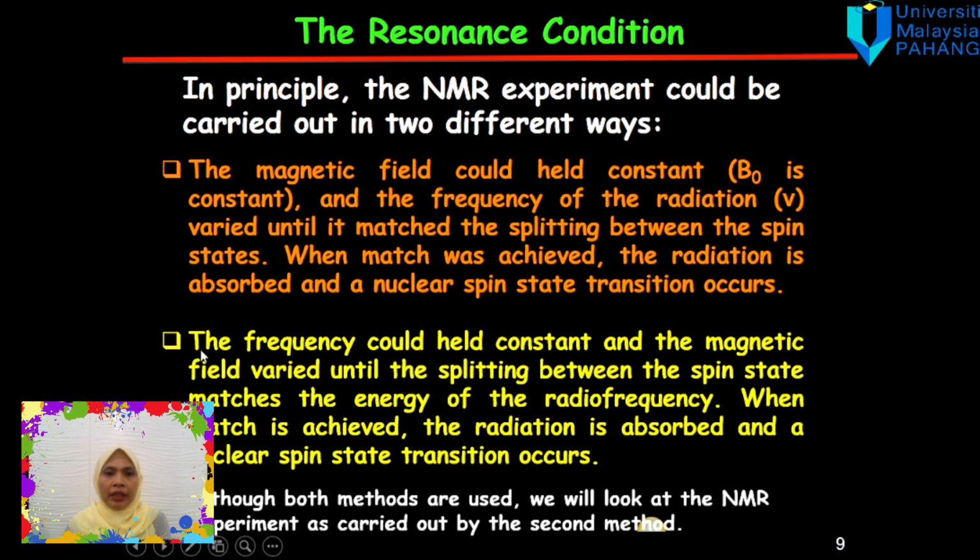Or we can keep the frequency constant and the magnetic field will be changed until the atom has absorbed enough energy to have a spin flip. So there are two important parameters in the NMR principle.